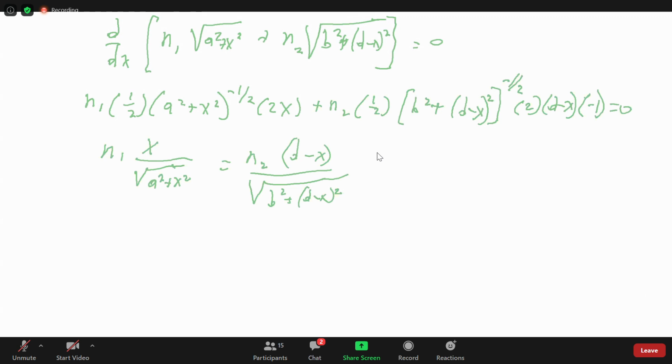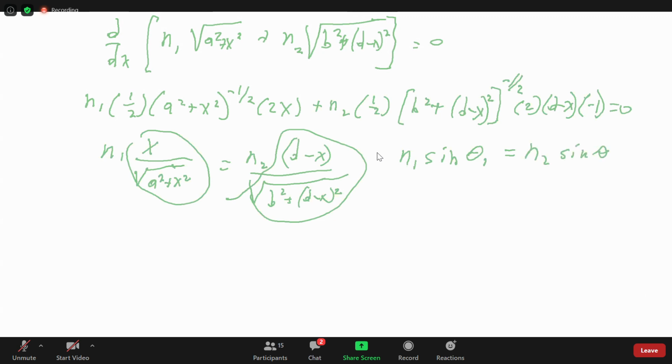Well, that looks pretty messy, but it isn't really, because if you remember your trigonometry and the figure that I erased already, which hopefully is still in your notes, we recognize this term as the sine of theta 1, and this term as the sine of theta 2. So that gives us n1 sine theta 1 is equal to n2 sine theta 2.